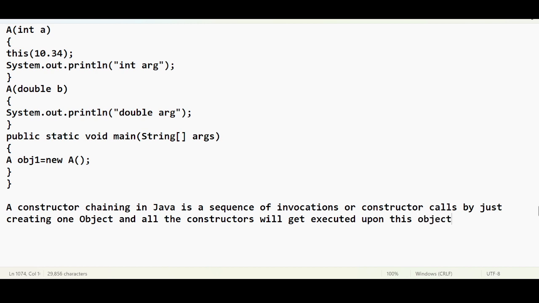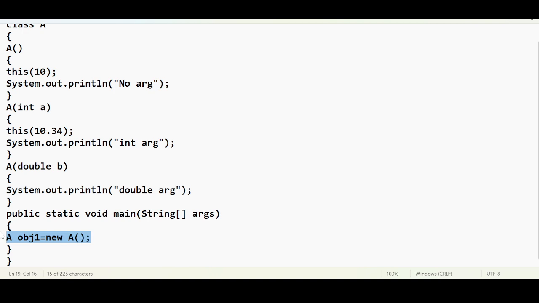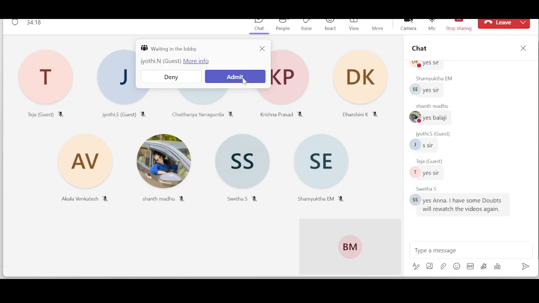So that is what we have done, right? The object has been created only once. With this object we are able to call all the constructors in the class.